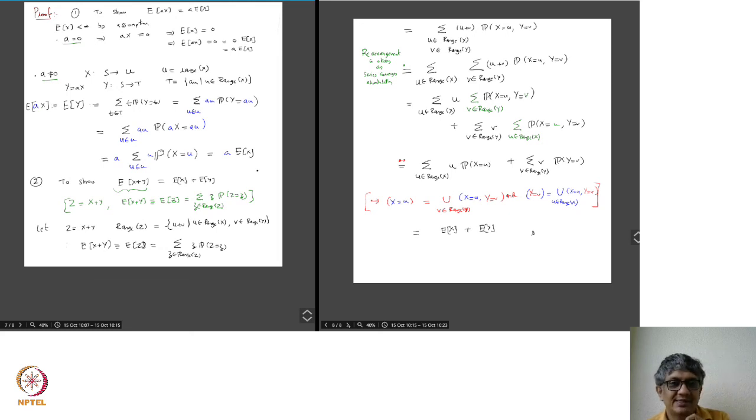But that's something one can work out and show first, that x plus y is a random variable and will also have finite expectation. That's because you can work backwards from the last equality and rearrange the sums to show that the series converges absolutely. So modulo that small fact, I've shown the fact that E of x plus y equals E of x plus E of y.